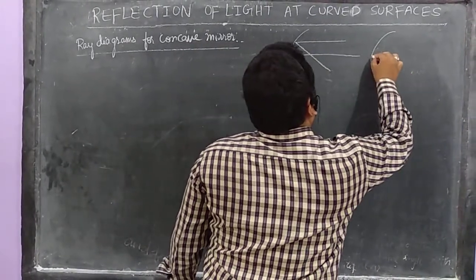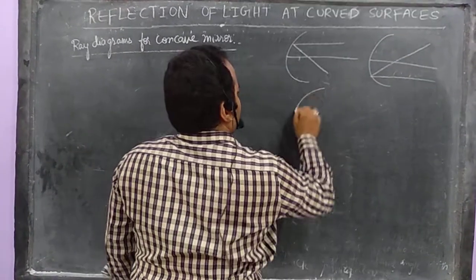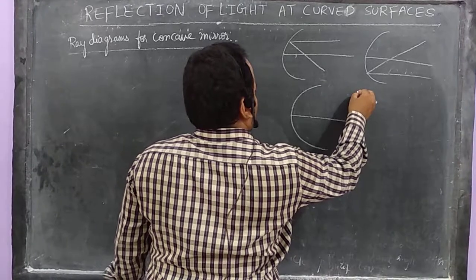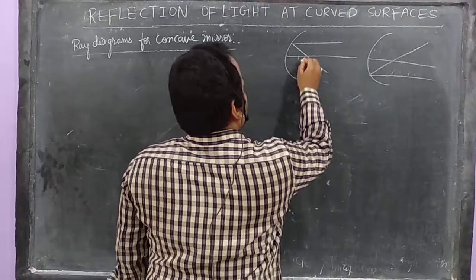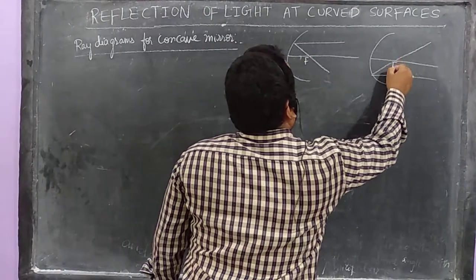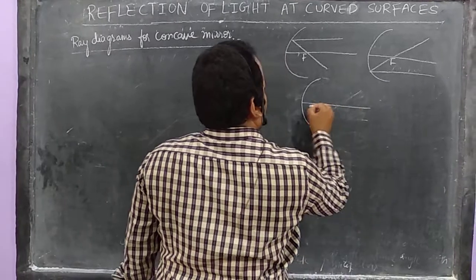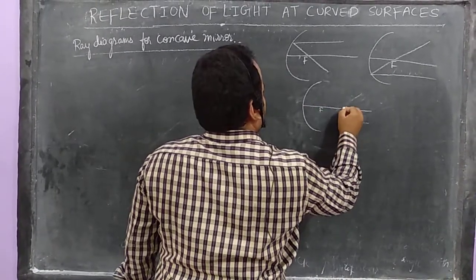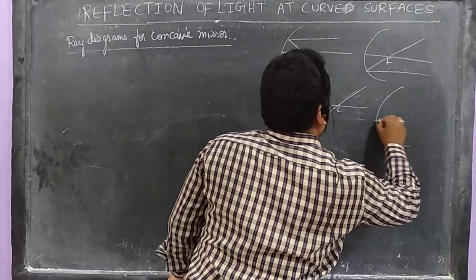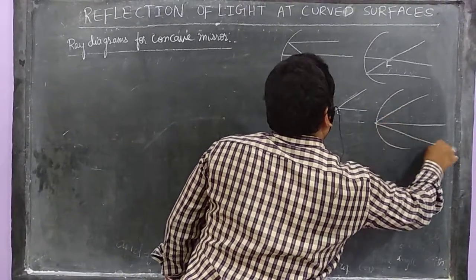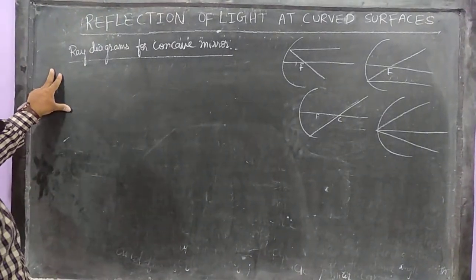What are the rules you have? I'm not writing completely, just a hint. You should have some hint for drawing the ray diagram for a concave mirror.